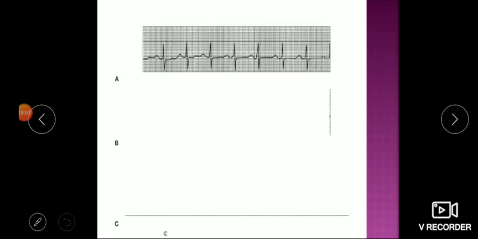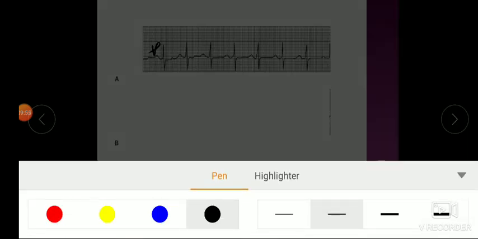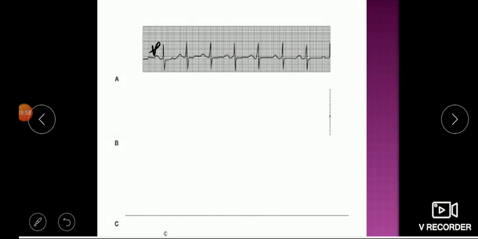Now in this first ECG you can see this is the P wave. Okay. So this is the PR interval. Now subsequently, you can see here there is an increase in PR interval.